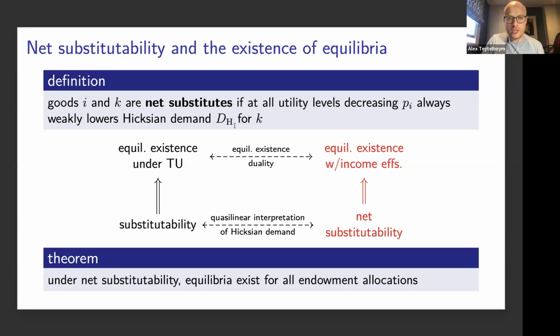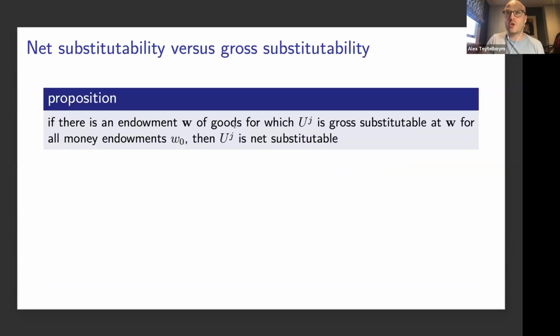Let me reassure you that this is a more general result. The following proposition is true: if a utility function is gross substitutable, then it is net substitutable. So net substitutability is more general than gross substitutability. It's easiest to see in that housing market example. Let me walk you through why net substitutability is more general, and you will see it hopefully very easily.